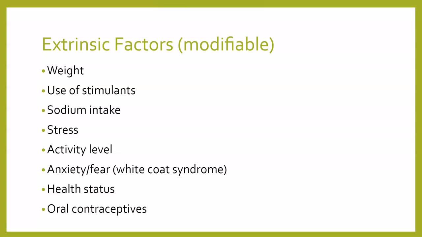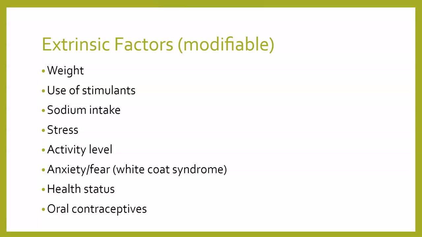So weight: most people know that this has a negative impact on a person's health status, but it also causes the heart to work harder, and therefore their blood pressure increases. Use of stimulants, as we talked about earlier, so nicotine, caffeine, any kind of illicit drugs that are stimulants.